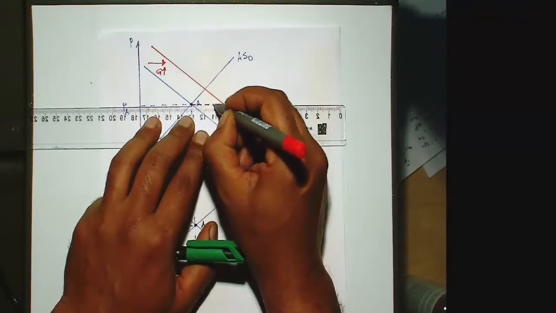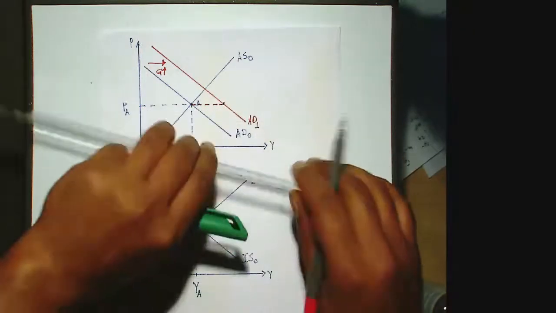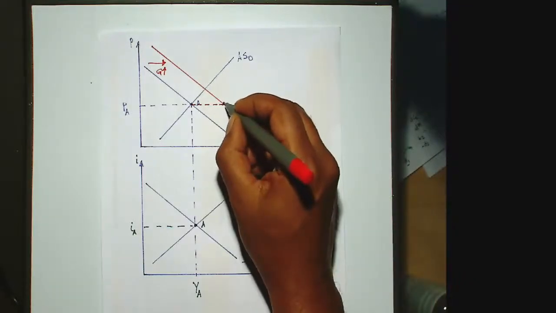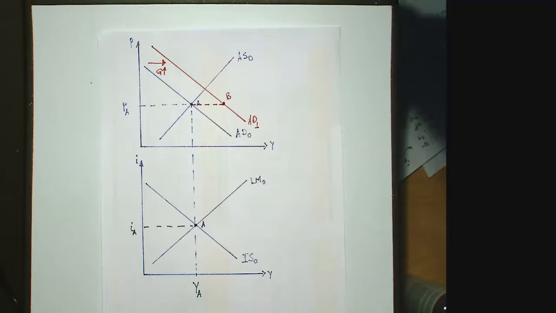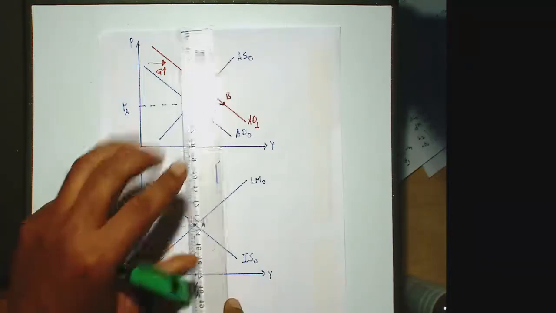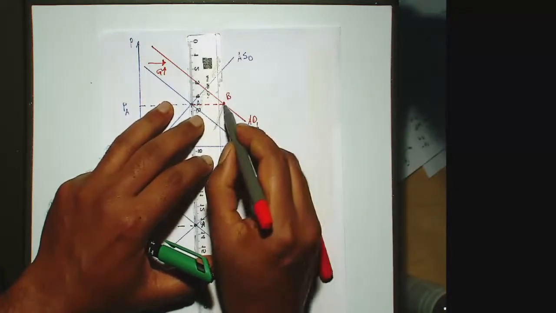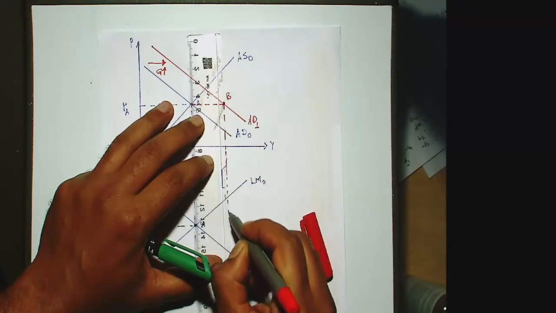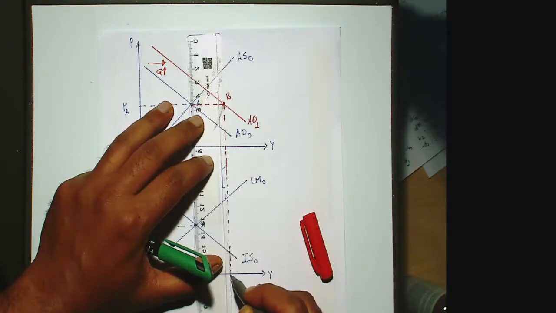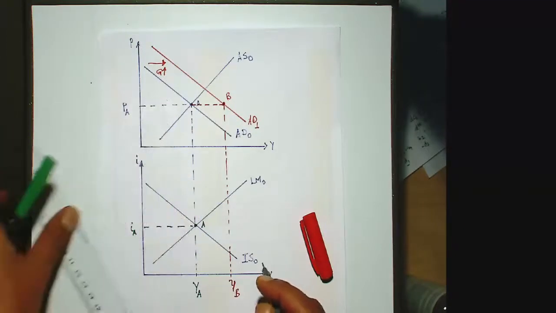We have said that price level is constant, so we would reach at a point where we have the level of aggregate demand to be at point B. So at point B, our income would be indicated to be YB.